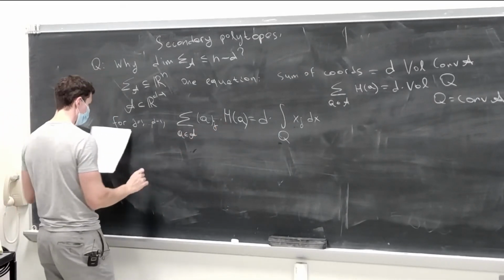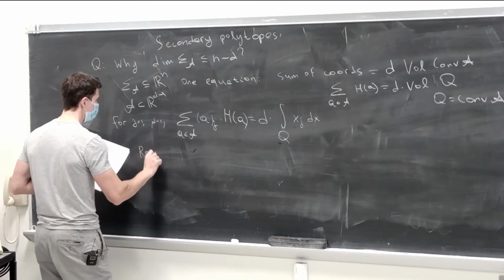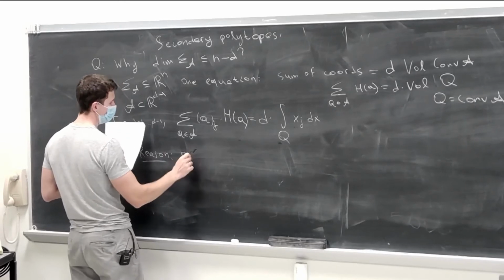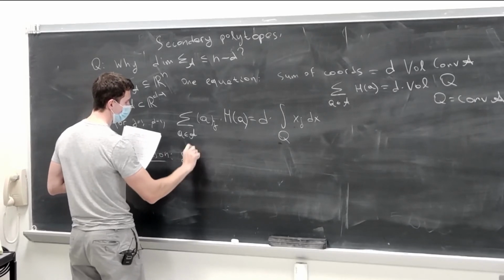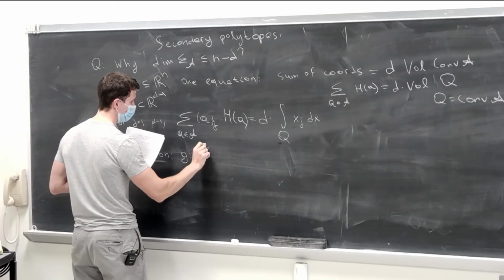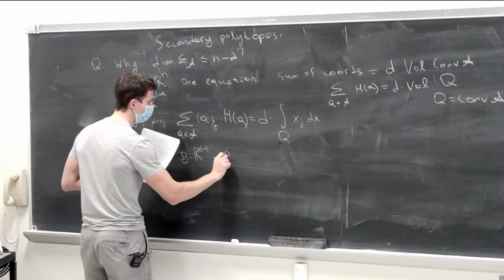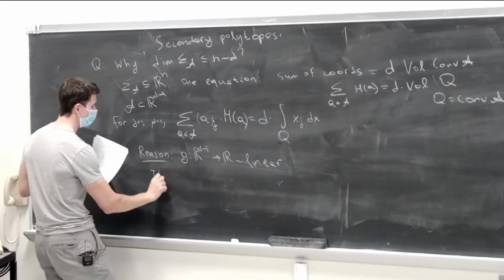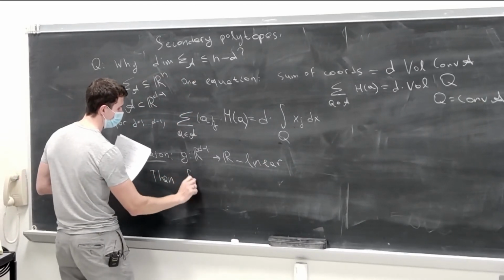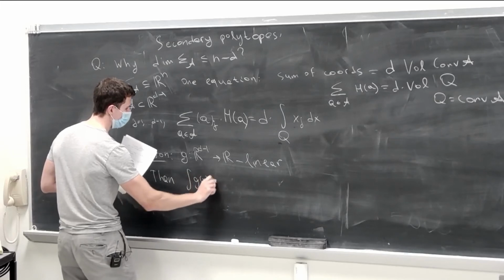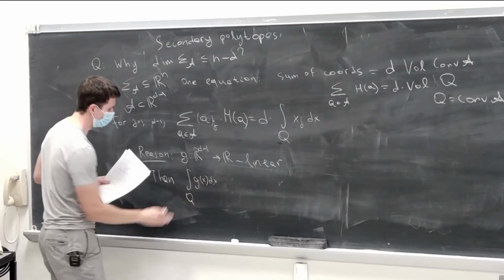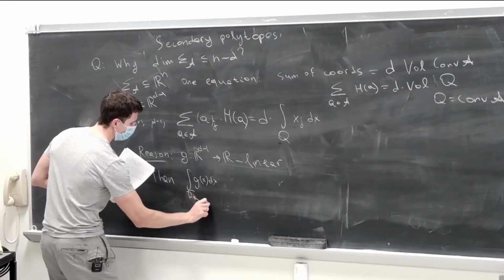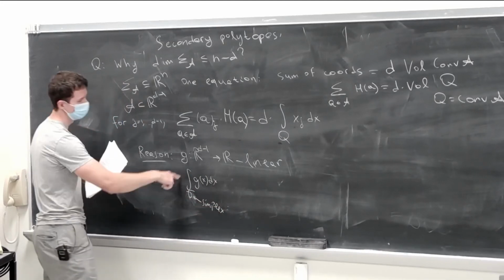And the reason is that if you have any linear or affine function g on R to the d-1, then the integral of g of x dx over a simplex sigma is as follows.